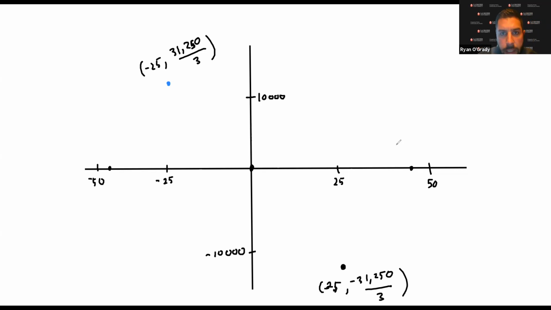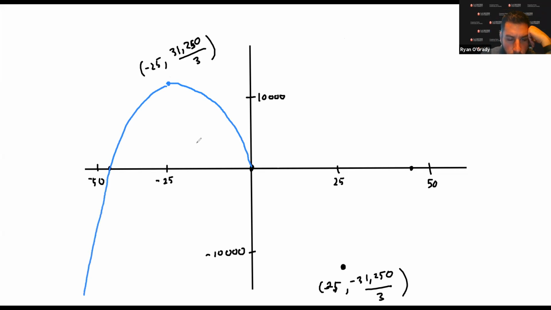And so what I can do is now use the calculus to connect the dots. I know that I'm concave up and I'm increasing. So my graph's going to have to look something like this. And then this guy has to come down like this.